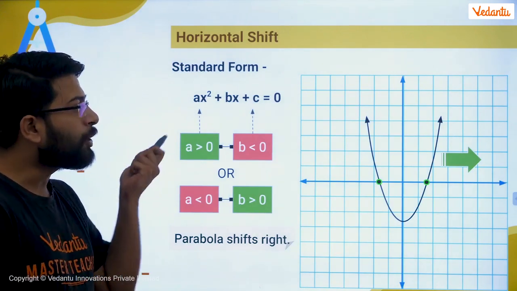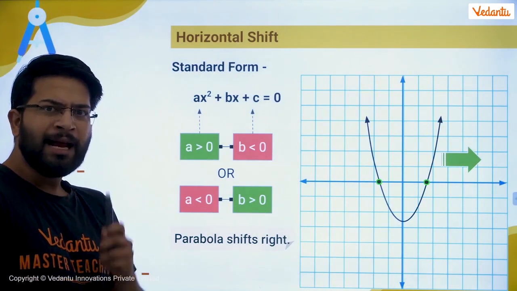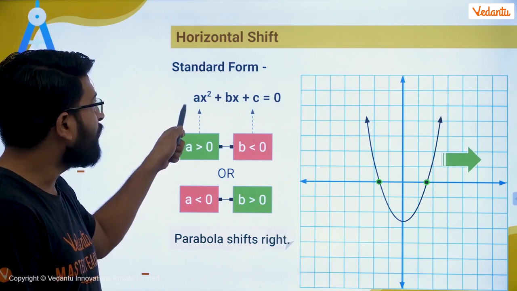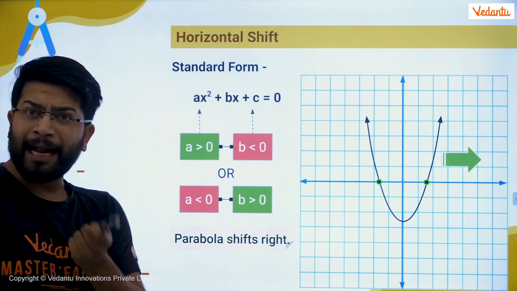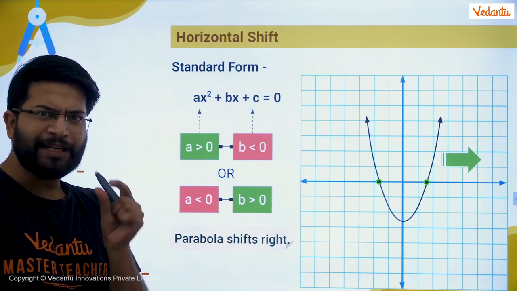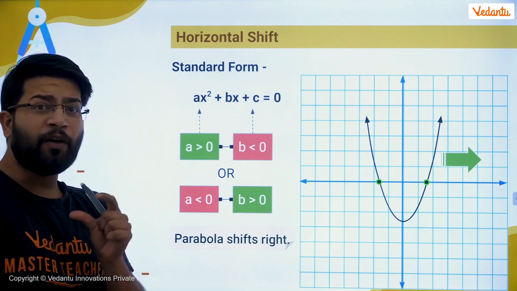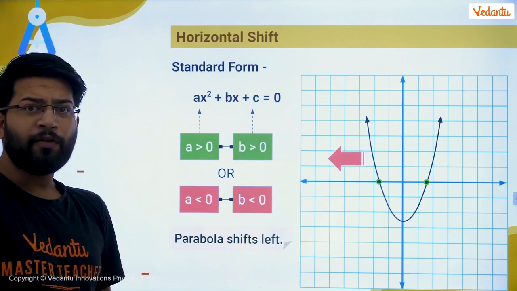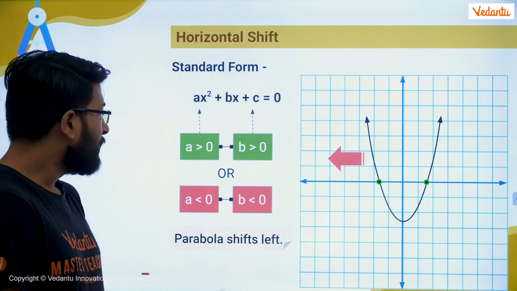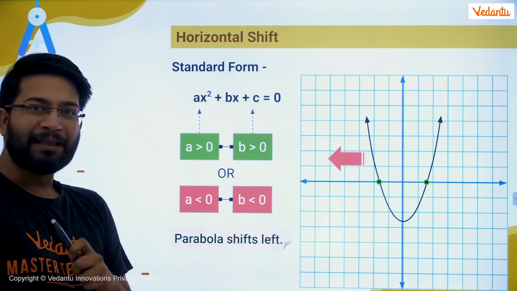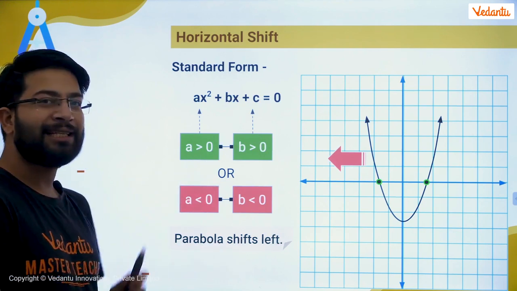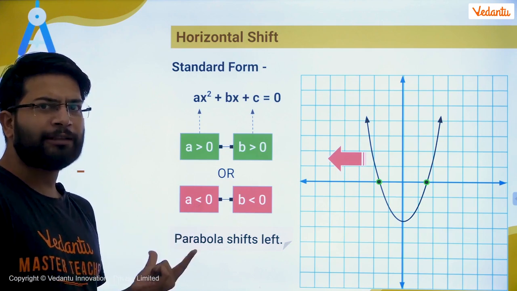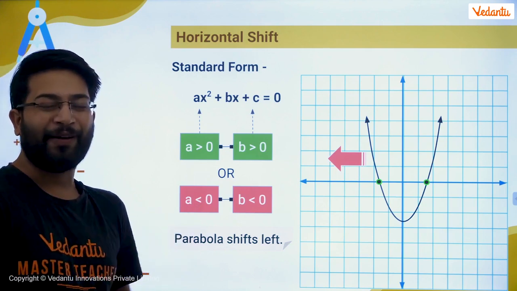If we are shifting toward the positive x-axis, in that case, the signs of a and b, that means the signs of the coefficient of x square and the coefficient of x, will be opposite to each other. And if we are shifting the parabola to the left direction, then the signs will be the same. So it is a very easy concept, and at the same time very important for our exam.